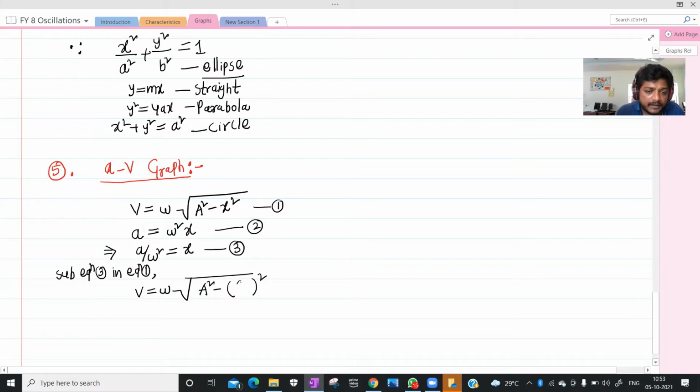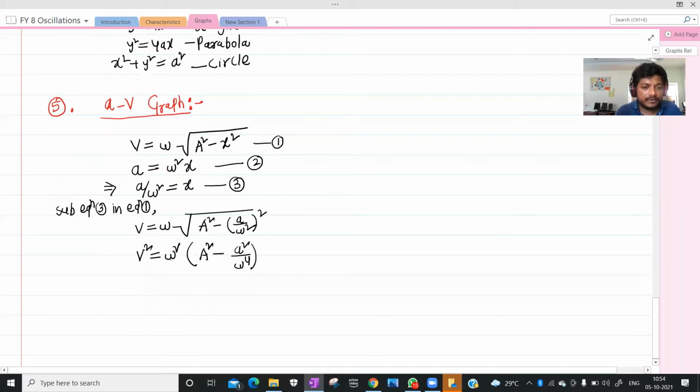What is x? x is a by omega square. Squaring both sides, you will get v square equals omega square times a square minus a square by omega square whole squared.